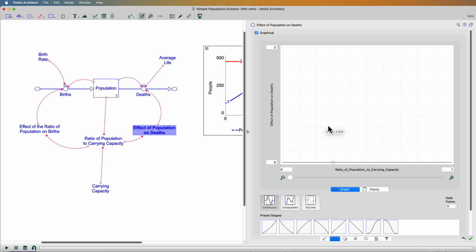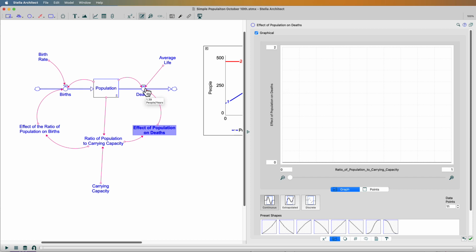As it approaches 1, the carrying capacity, deaths should probably increase, and my argument is that starvation is occurring, crowding could be occurring, disease could be occurring, that there are more things occurring that are going to increase death. So any number on the scale from 0 to 2 that is above 1 would increase my deaths because I'm multiplying in there.